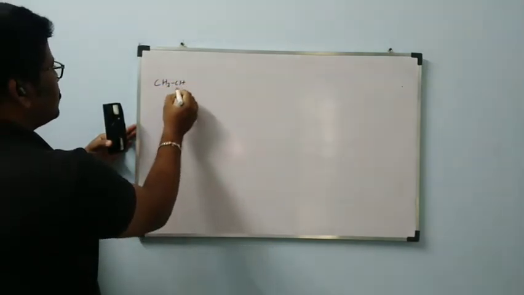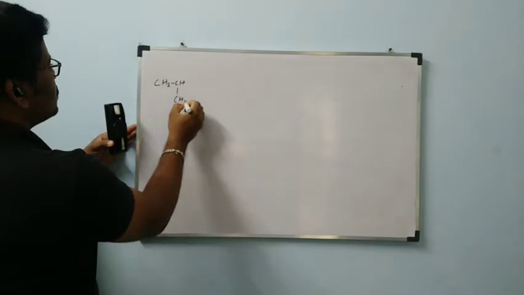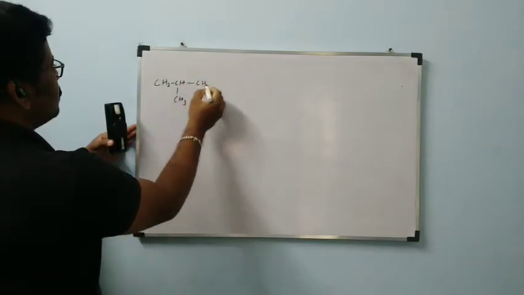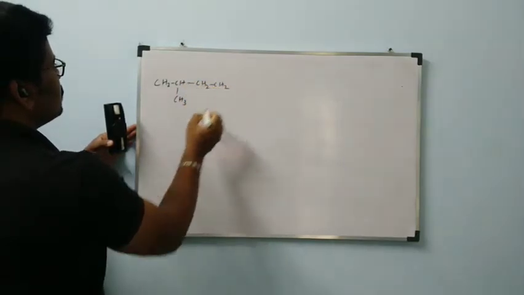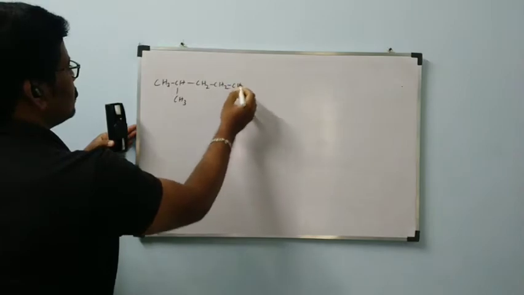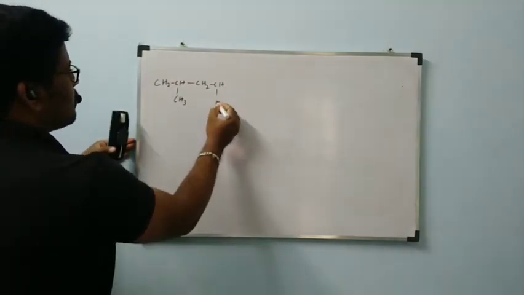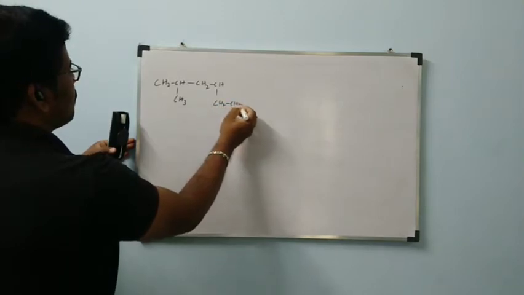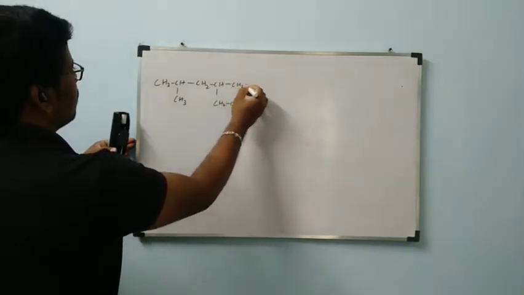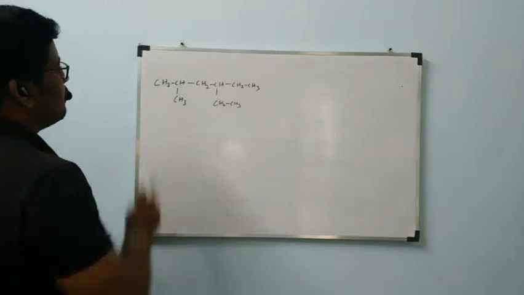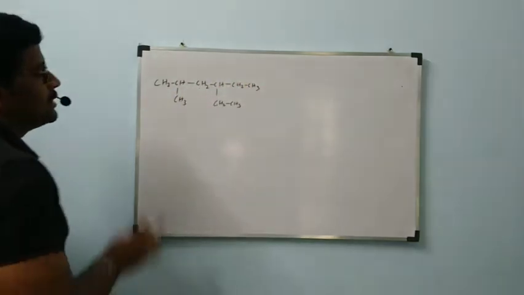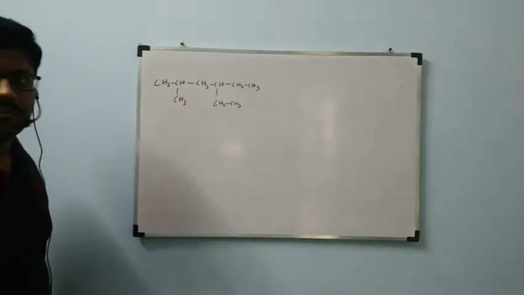CH3, CH, CH3, CH2, CH2, one, two, three, four, five, six. This is the first compound.